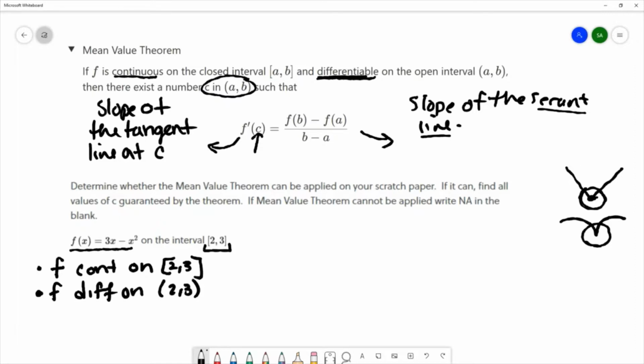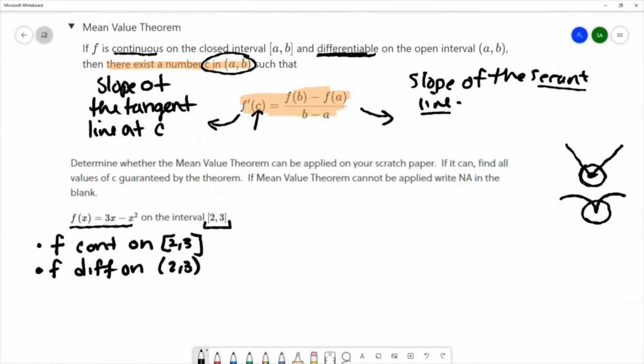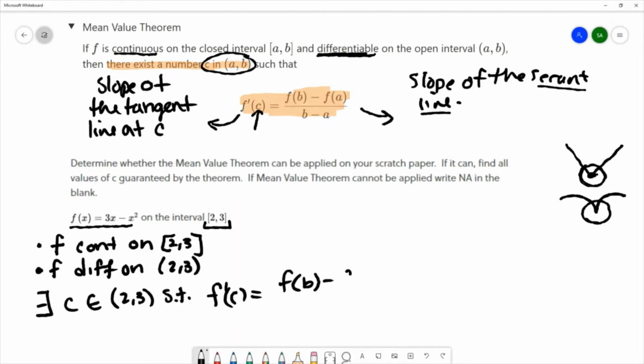So we have the conclusion, there exists a c in the interval from a to b such that this statement is true. So we know that there exists a c on the interval from 2 to 3 such that the derivative at c is equal to f of b minus f of a over b minus a.